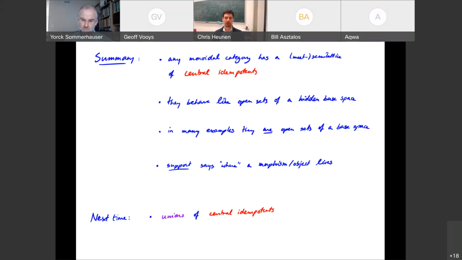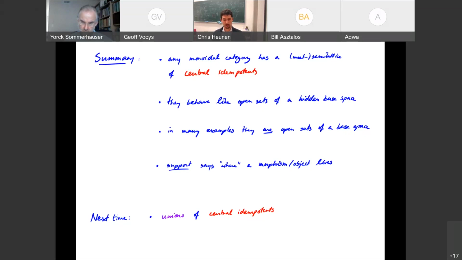So you can think about these central idempotents, if you like, as a way to reconstruct the base space when you weren't given the base space, if you just have the category. And we talked about support and restriction to figure out sort of where a morphism lives, what central idempotents a morphism non-trivially acts on, restricts to.